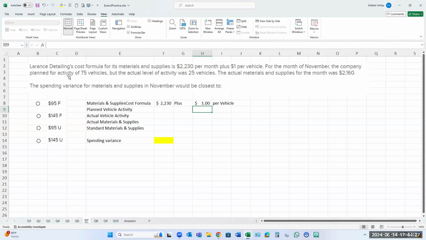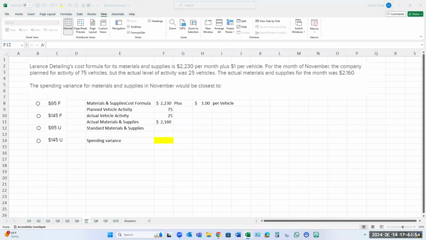The company planned to have an activity of 75 vehicles, but the level of activity was actually 25 vehicles. The actual materials and supplies for the month was 2,160. The spending variance for materials and supplies in November would be closest to.